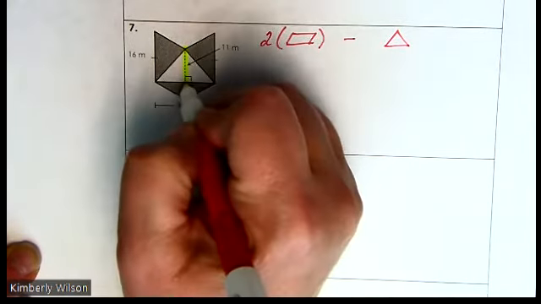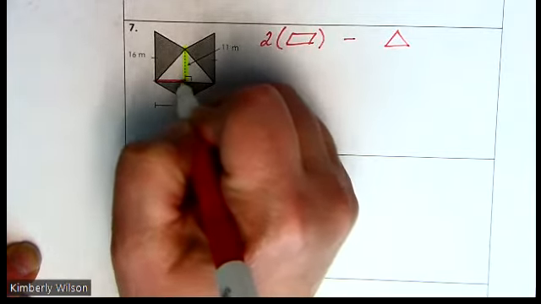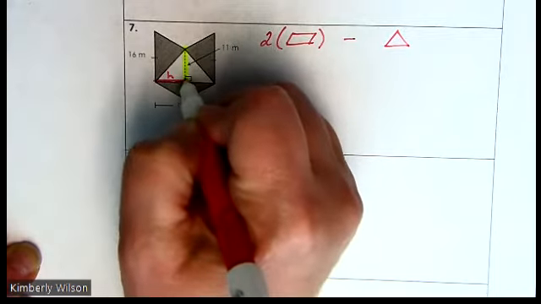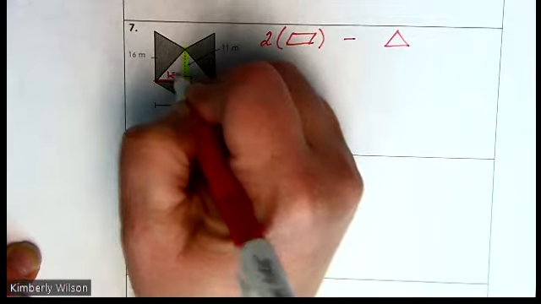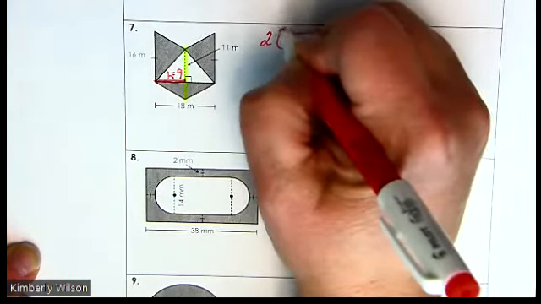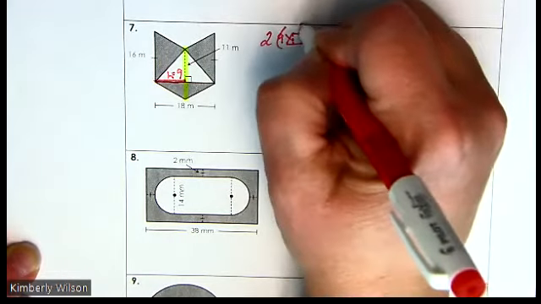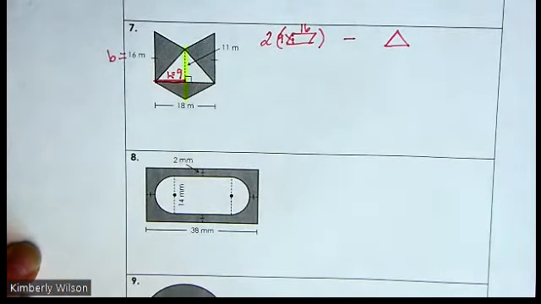So the distance from here to here, which is the height of the parallelogram because it makes the right angle, is going to equal 9. So this is 9 and this is 16. This is the base of the parallelogram.